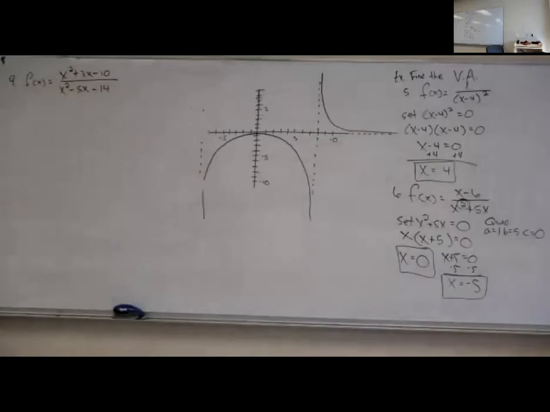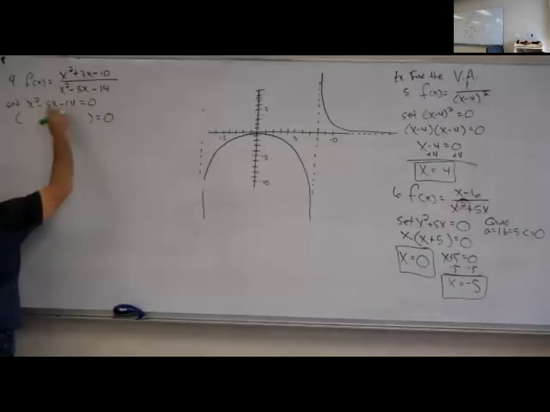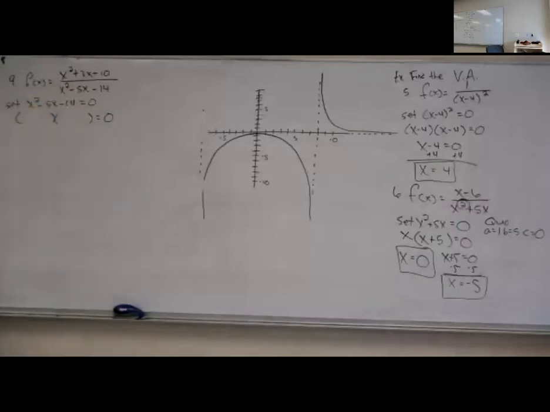And by now, they're trying to throw a lot of stuff on top to make you play with the tops, but you're going to ignore it when you're finding a vertical asymptote. All I'm worried about is that bottom, so I'm going to set x squared minus 5x minus 14 equals 0. I'm actually going to factor that one. But it's the x squared, so y'all could use the quad on that, okay?